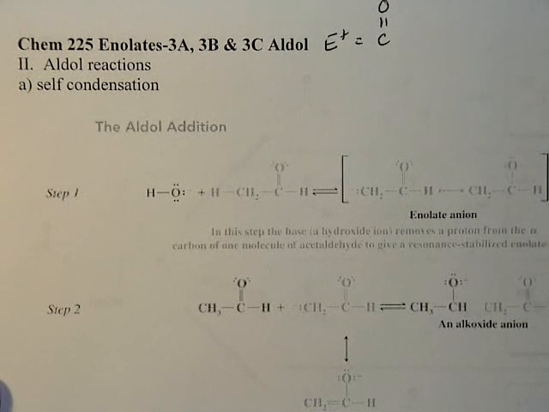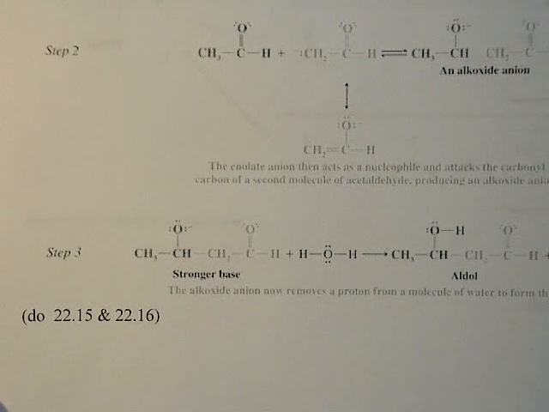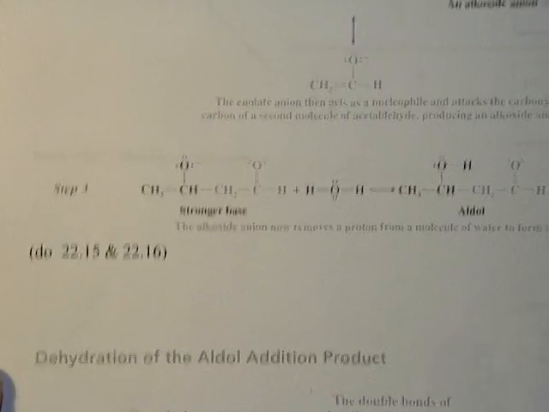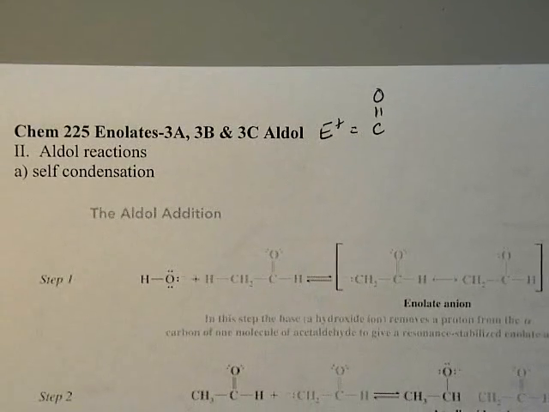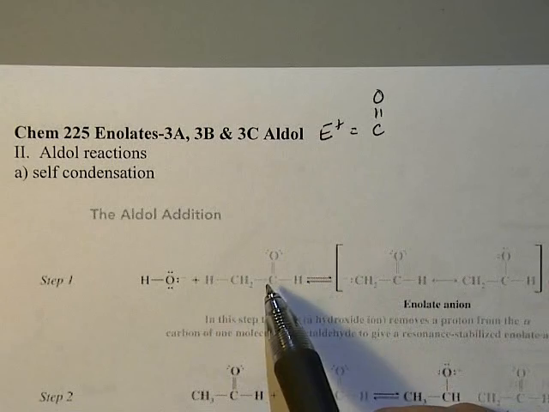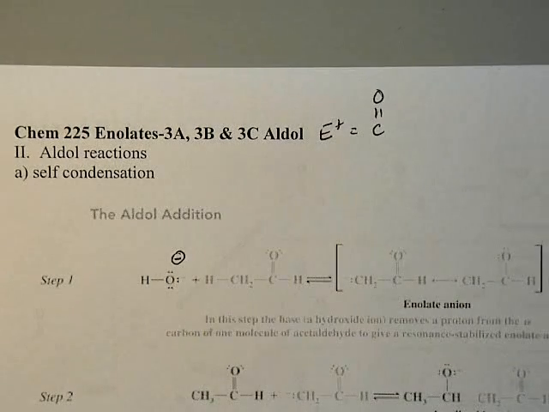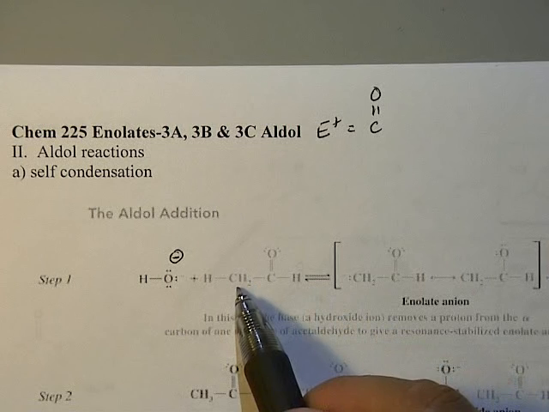we're going to take a look at what happens to that under different conditions, which is the dehydration of the aldol addition product. So initially, when we talk about the aldol addition reaction, what we're going to do is have an aldehyde and react it under a base, not a very strong base, but a weak base in terms of the pKa of the aldehyde.